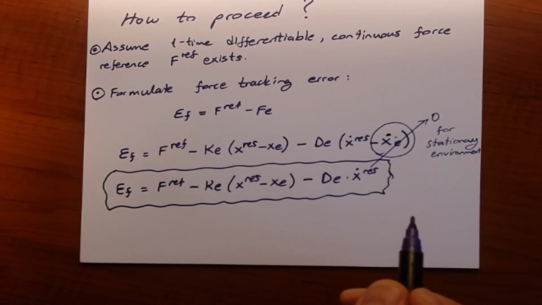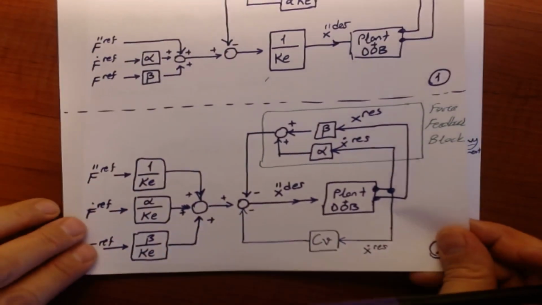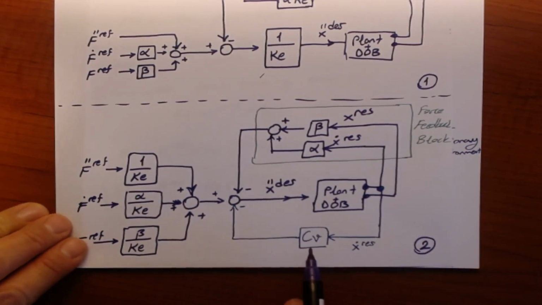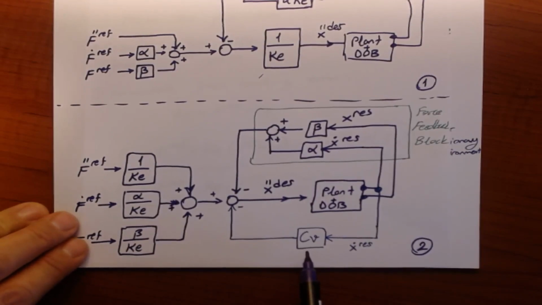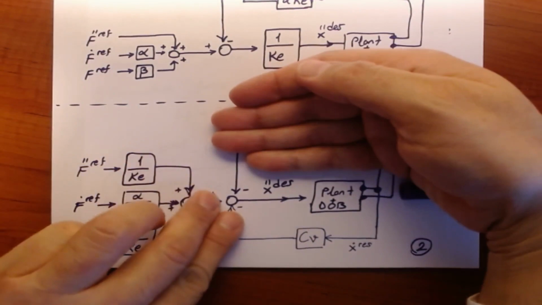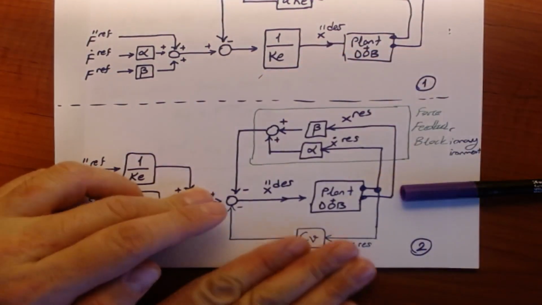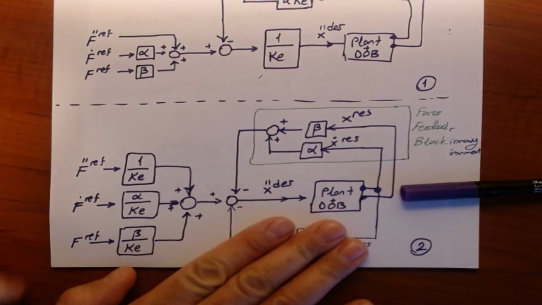Remember what we have done in the previous application. We have added the CV externally to take care of the situations when there was no contact with the environment. So when there was no contact, we had simple velocity control in the system, and once the contact is established, this will fade away and you will have the force control in the system.